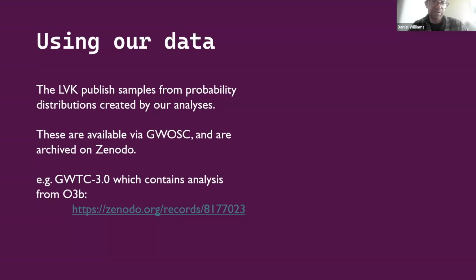I've put a link in the slides to the results from GWTC-3.0, so the most recent results. But when we start publishing the results from the O4 runs, for example, these will come out in the same format, and we have results from the first 3 observing runs, all available in this kind of format.